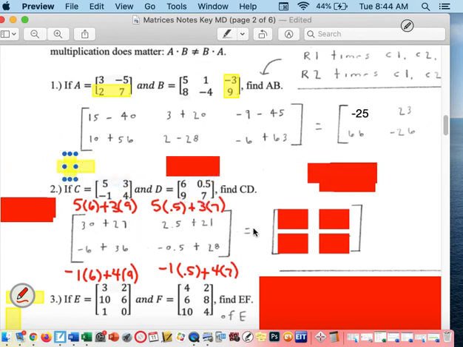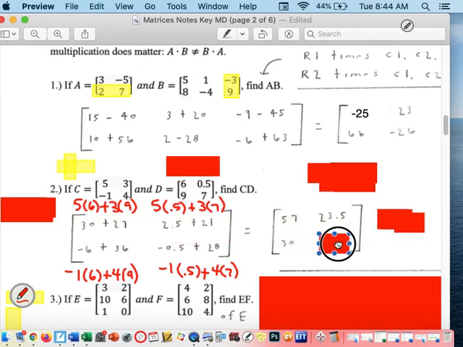So 30 and 27 make 57, 2.5 and 21 is 23.5, negative 6 and 36 is 30, and negative half and 28 is 27 and a half.